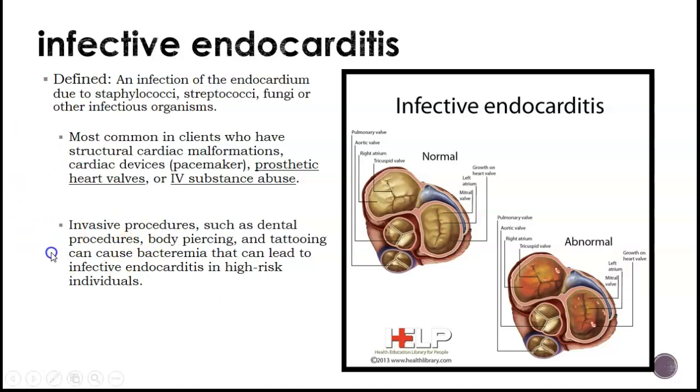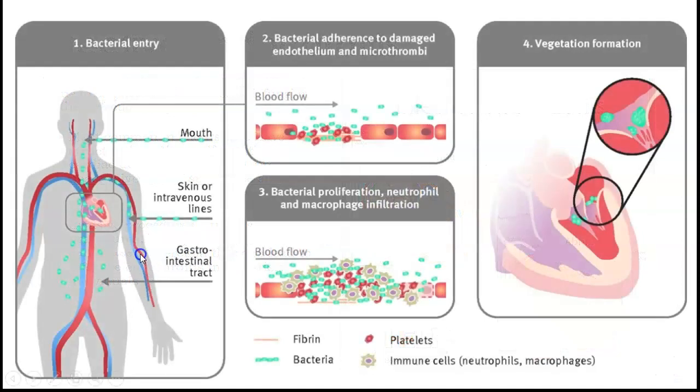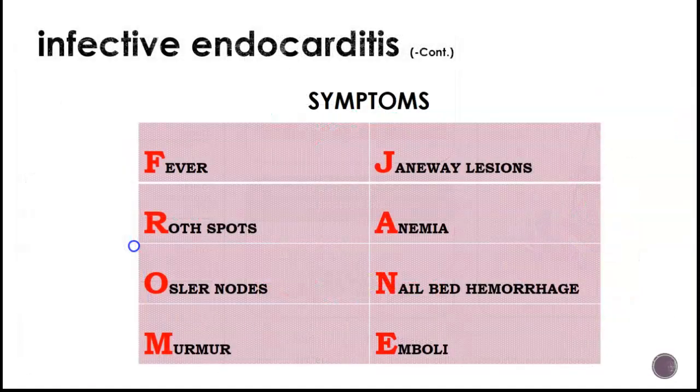So again, those who like tattoos, make sure you're going to reputable places to get your tattoos. This kind of gives you an overview of how bacteria gets into the body and actually attacks the heart tissue.